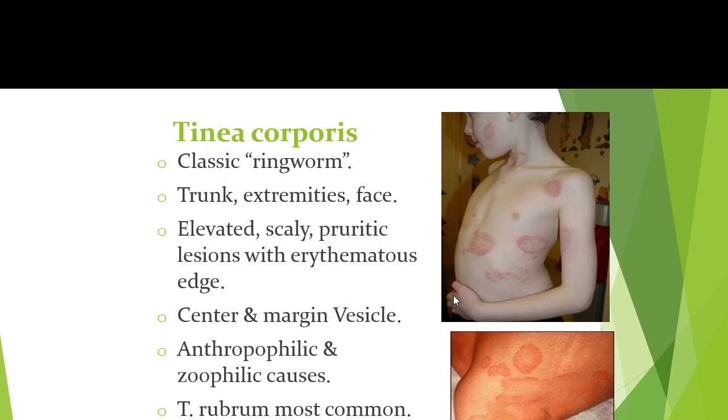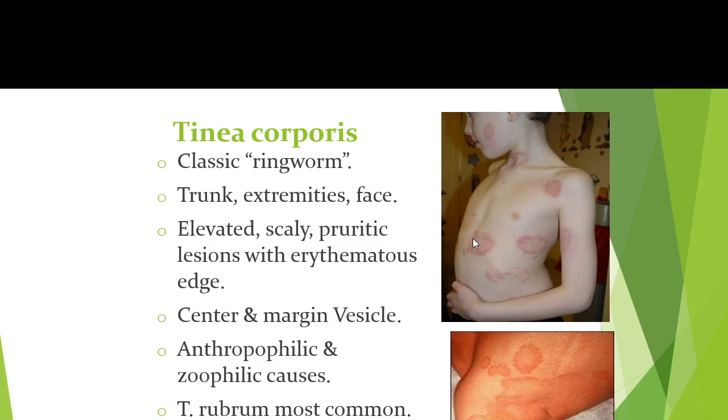They are rounded, infecting extremities and trunk, scaly, pruritic, with erythematous edge. The center starts to be cured while the outer edge is always active and extending laterally in order to achieve more invasion of skin.